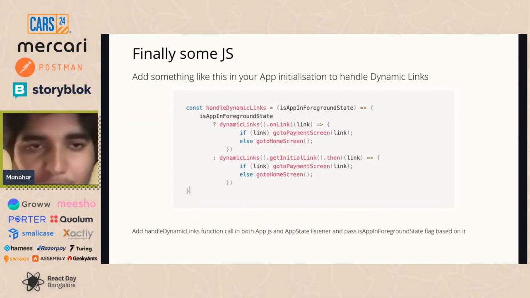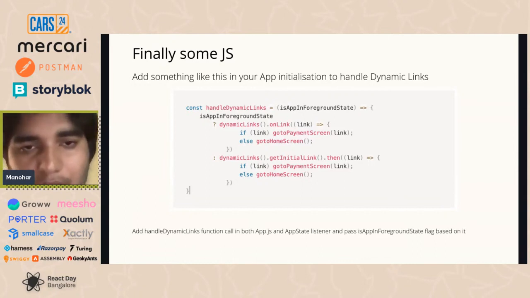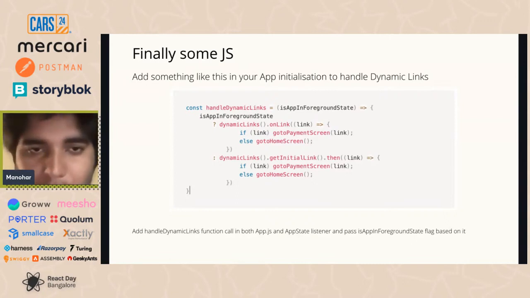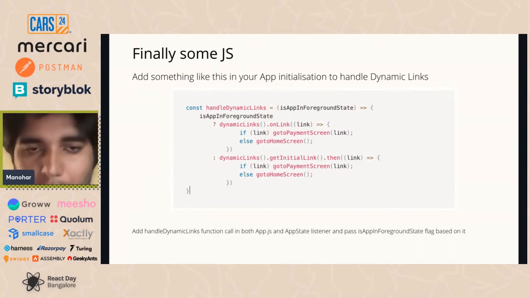If you notice, there is a condition of whether the app is in the foreground or background, so you have to have two different functions here. onLink is for the foreground state. For example, the user has the app open, and clicks on a dynamic link from some other site or WhatsApp, and it takes them to the app. The app didn't cold start, it just opened, so onLink will give you the link.